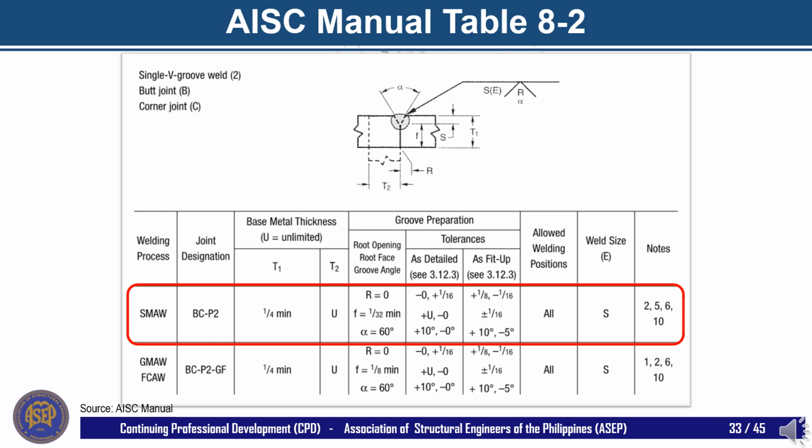As you can see in this image, for a PJP weld with a joint designation of BC-P2 using shielded metal arc welding, no root opening is required, but the root face shall be 1/32 inch minimum with a groove angle of 60 degrees. The base metal thickness T1 is 1/4 inch minimum, but T2 is unlimited. Now all welding positions are allowed and the effective weld size is the same as the groove size.